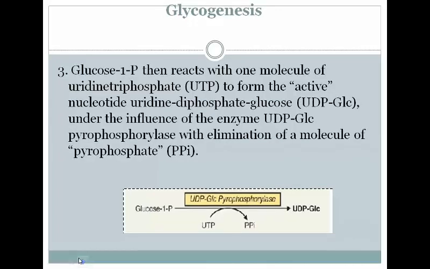So all the glucose moieties are converted to UDP glucose under the influence of the enzyme UDP glucose pyrophosphorylase and in presence of UTP.